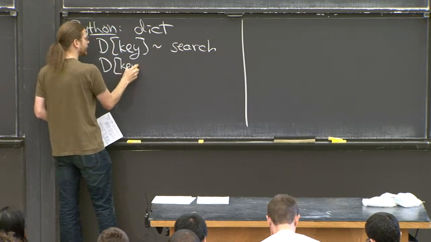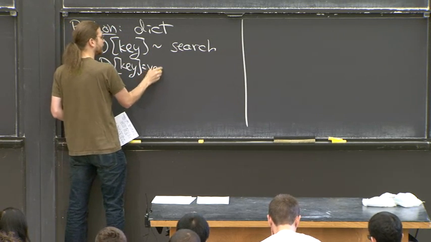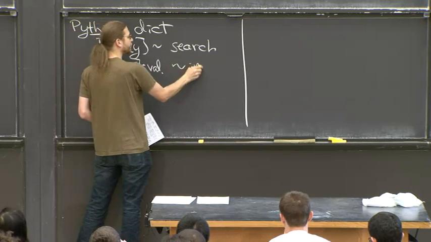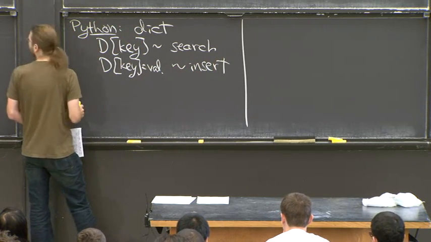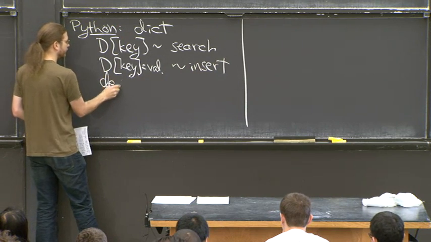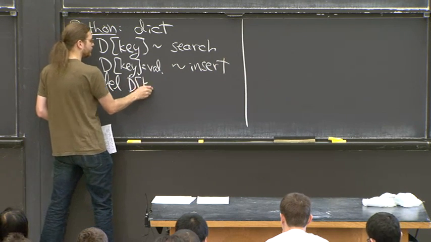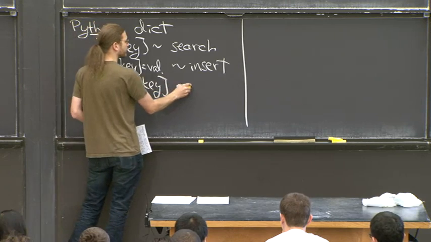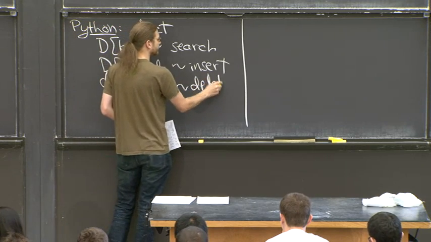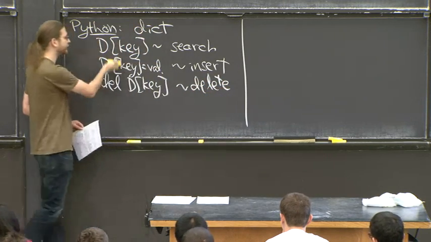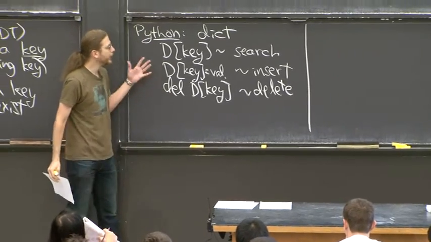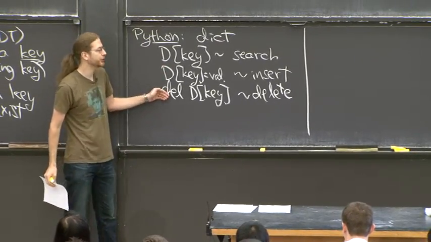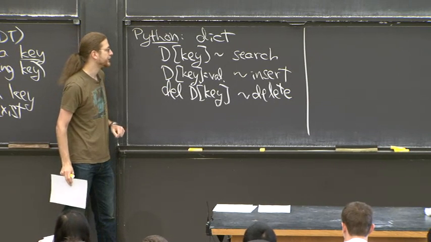You can set a key to a value, which is the analog of an insert. It overwrites whatever was there. And what else? Delete. So you can delete a particular key. We'll usually use this notation because it's more familiar and intuitive. But the big topic today is how do you actually implement these operations for a dictionary D?